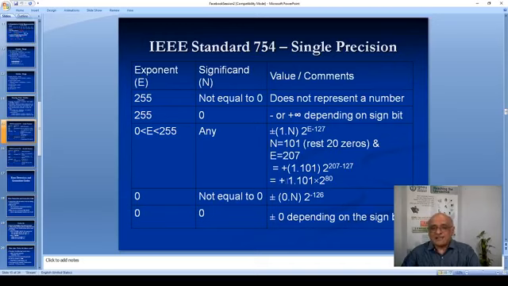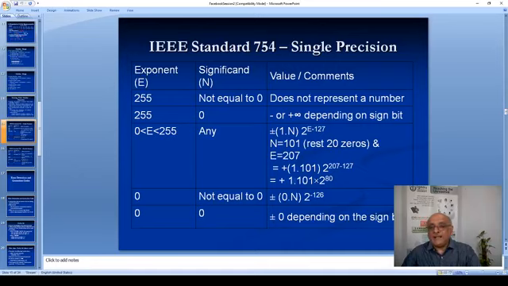Suppose I get to represent 0.1101 into 2 to the power 81 in IEEE number format. So how will I do the conversion? First I'll convert it into this particular form, so it becomes 1.101 into 2 to the power 80.